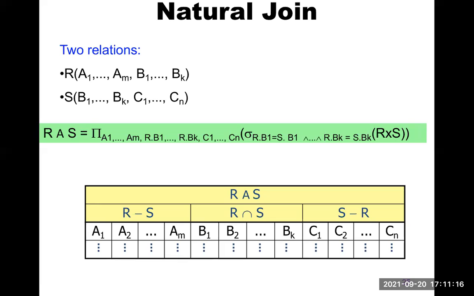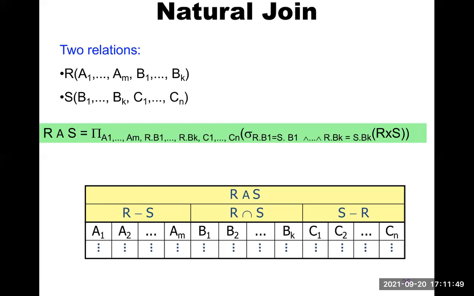For natural join, we don't supply any conditions. It performs automatically. It searches for columns with the same names and uses them in a condition. So if two relations under natural join have no common fields, the result is just Cartesian product, and that's all.